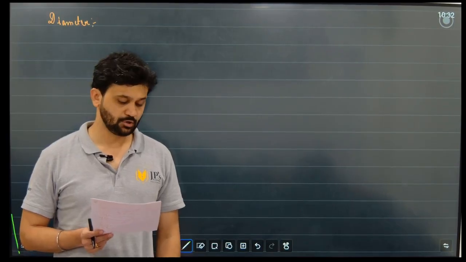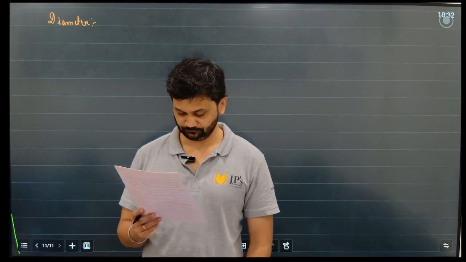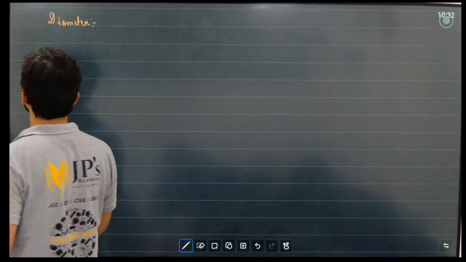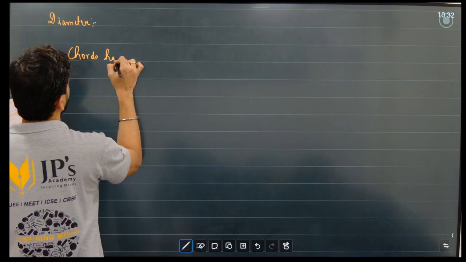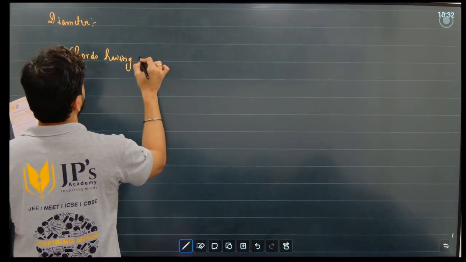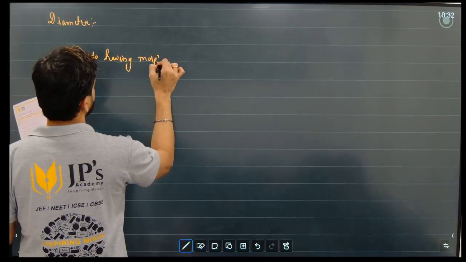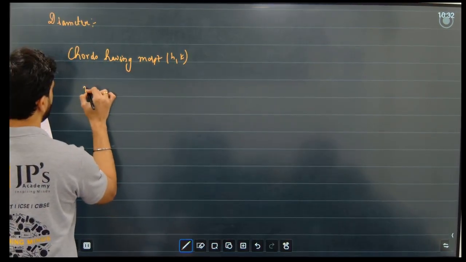Second point, always passes through the center of ellipse. Next, chords having midpoint h comma k अगर लिया मैंने, we just solve that.